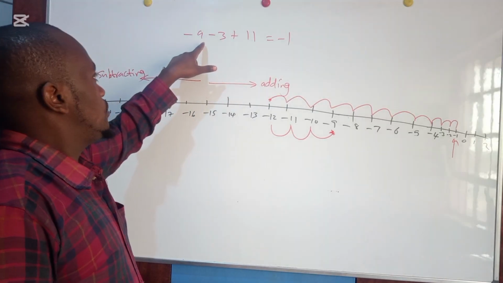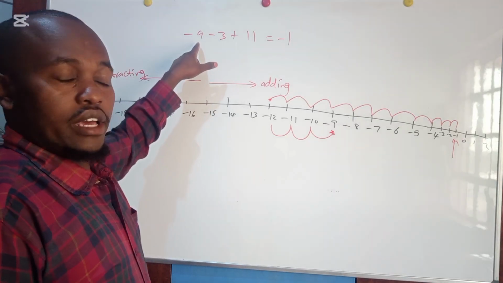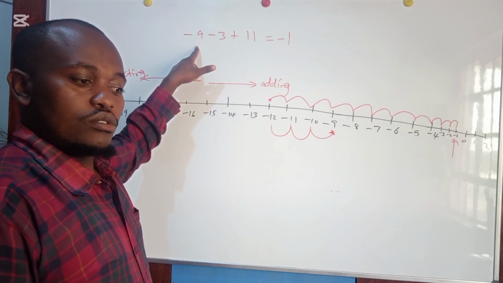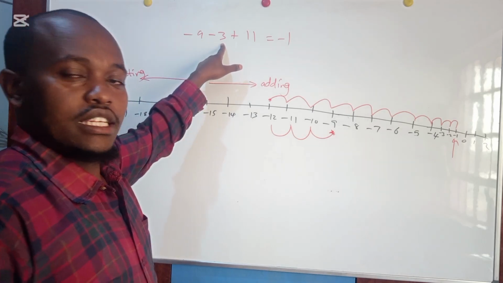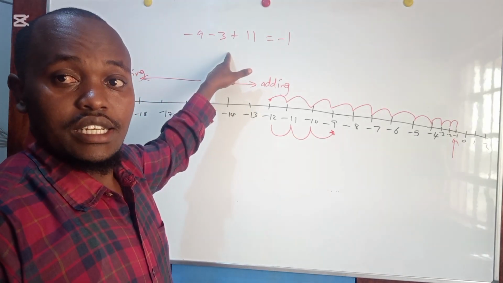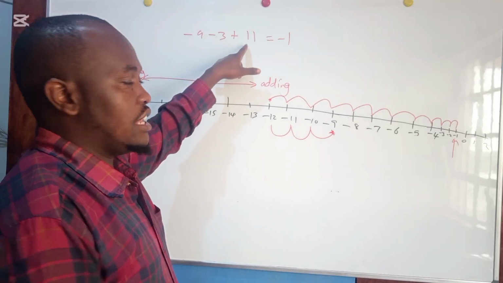When you were in school, our teacher used to give us a scenario where you had a loan of 9 shillings in a shop, and then you go and buy 3 other things on loan. So how much debt do you have in that shop? You have a total debt of 12 shillings. Then the next day you come and pay 11 shillings.